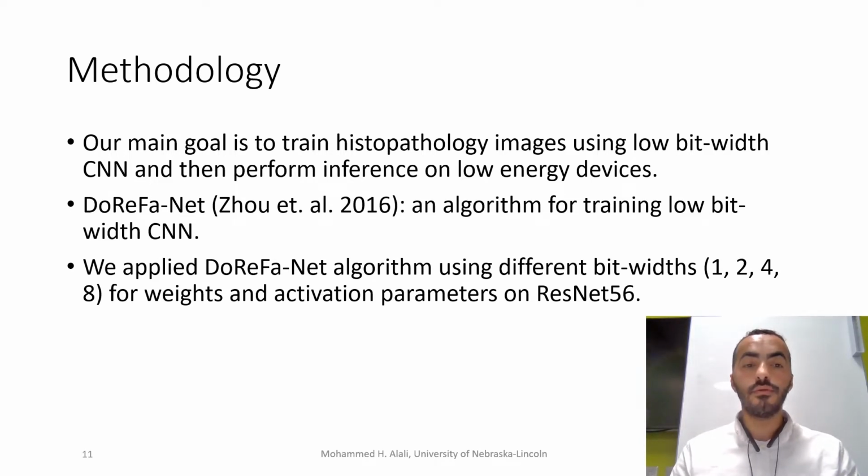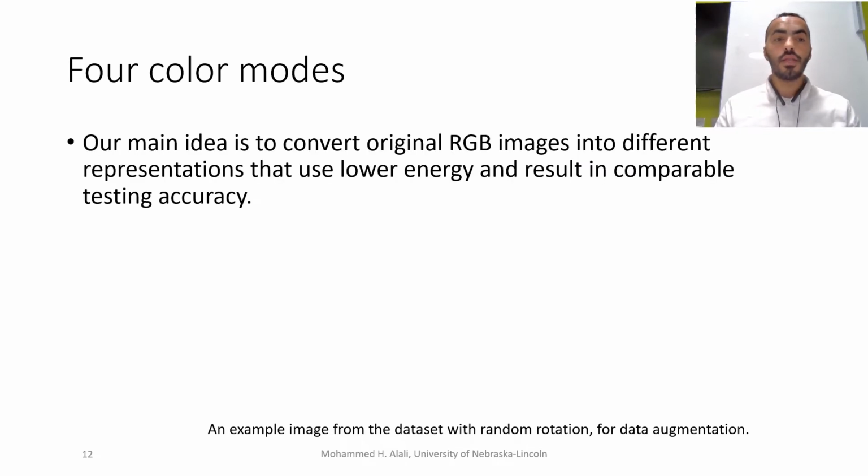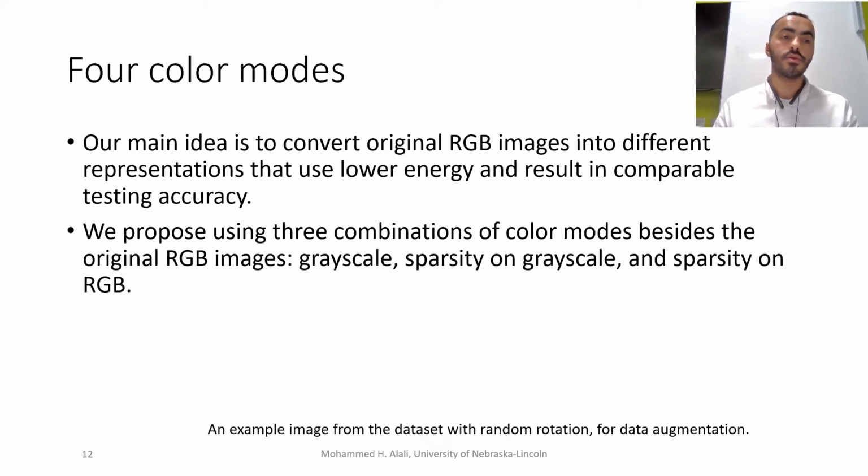We applied the ResNet algorithm using different bit widths of 1, 2, 4, or 8 for weights and activation parameters on ResNet 56. We use 4 color modes. Our main idea is to convert RGB images into different representations so as to use lower energy and result in comparable testing or inference accuracy.